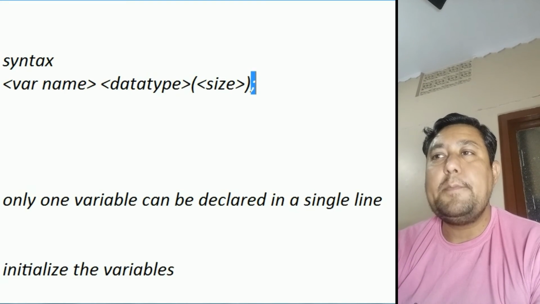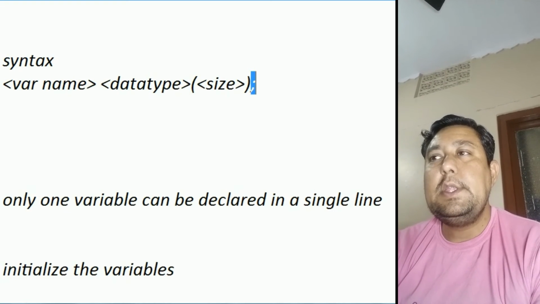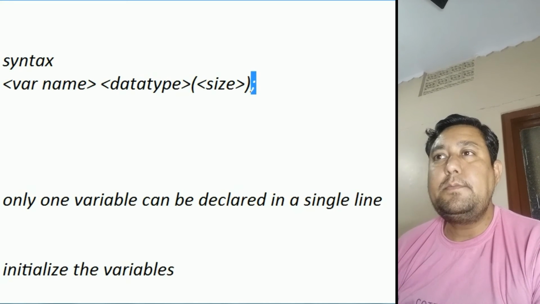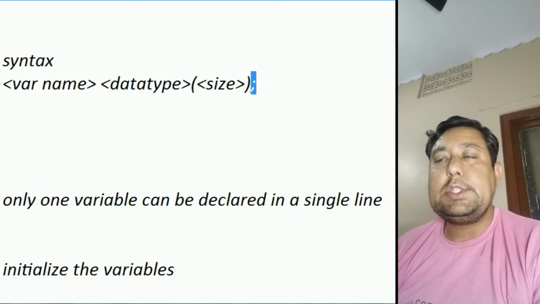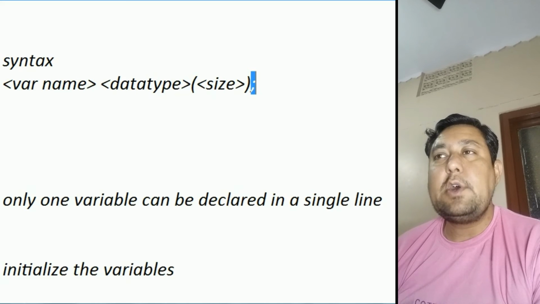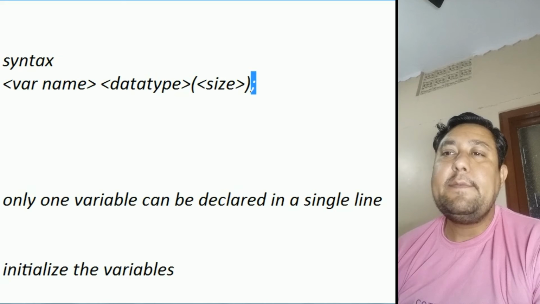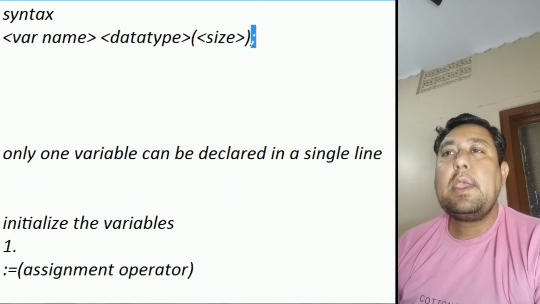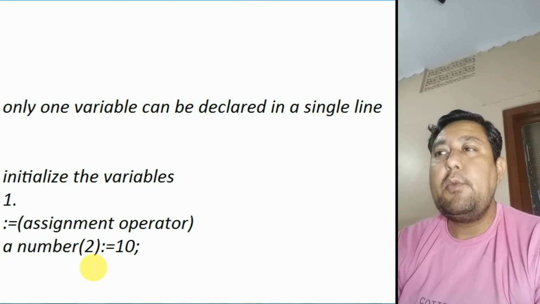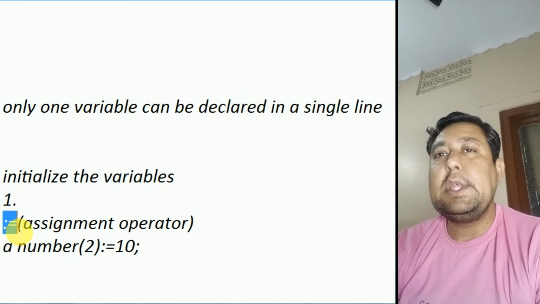Now the main important thing is the initialization of the variable. Initialization of the variable can be done in two places: one at the declaration, in the declaration section itself, and second in the begin section. You can declare a variable in the declaration section and you can initialize it in the begin section. For this we use the assignment operator, that is colon equals.